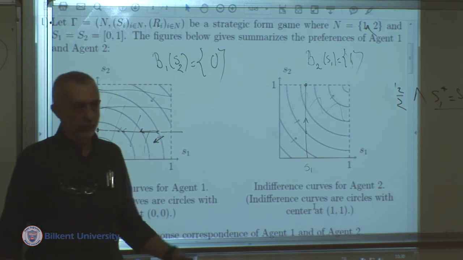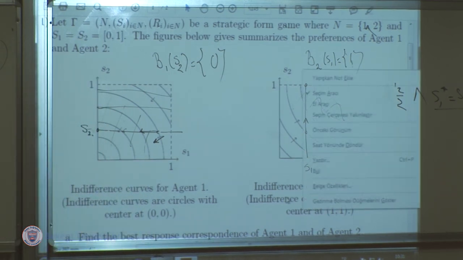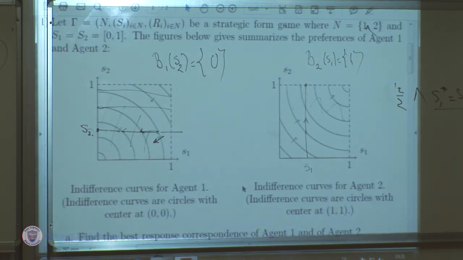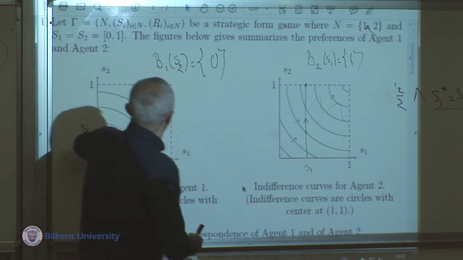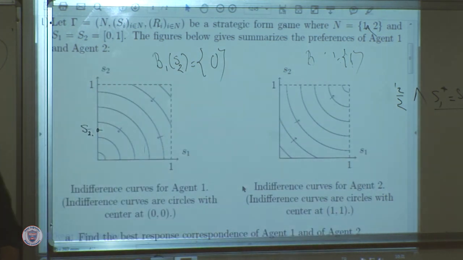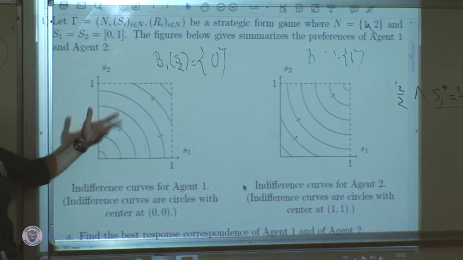So the Pareto efficient strategy profiles, that's actually the more interesting part. For that, it's a good idea to draw the two families of indifference curves on a single graph.